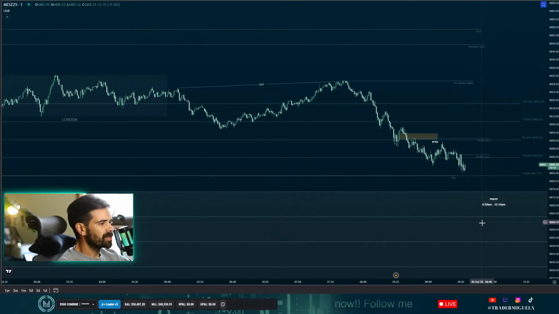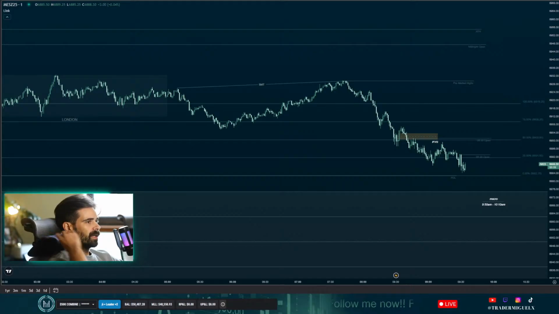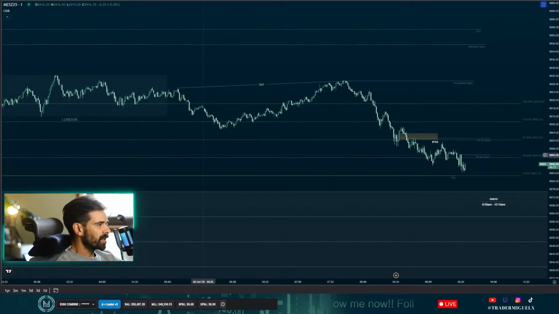That would be nice to see if something like that happened inside a macro. That way, everybody who's trying to sell here might get punished, and we might offer something to the upside. This is what I really want to see on price action today: a bullish reaction from a sweep lower. But let's see.